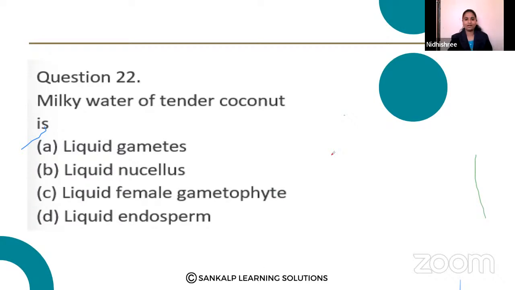Don't get confused with the nucellus or the endosperm. The right answer is liquid endosperm. Option D is the right answer.